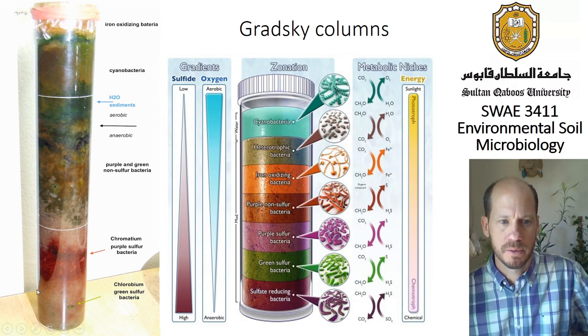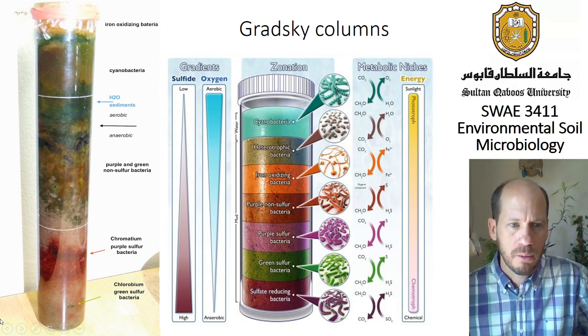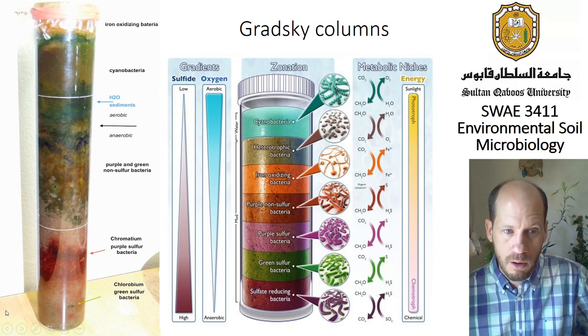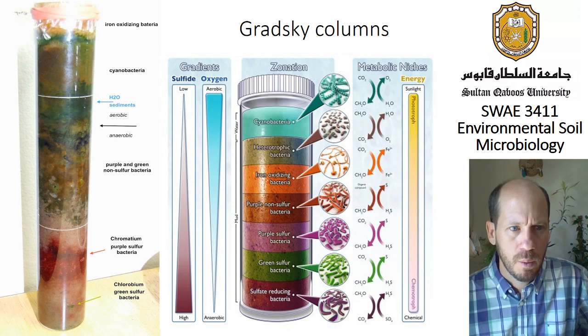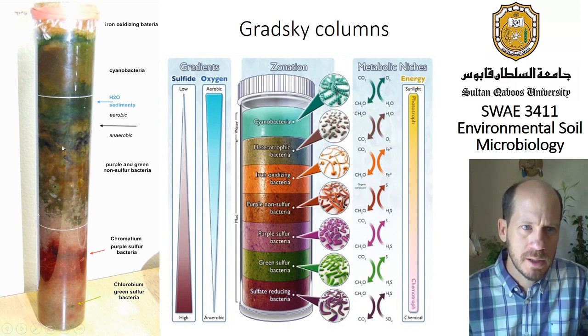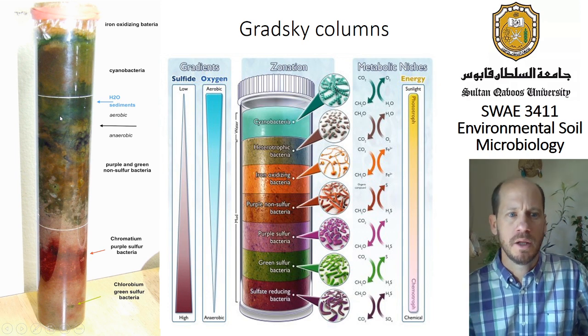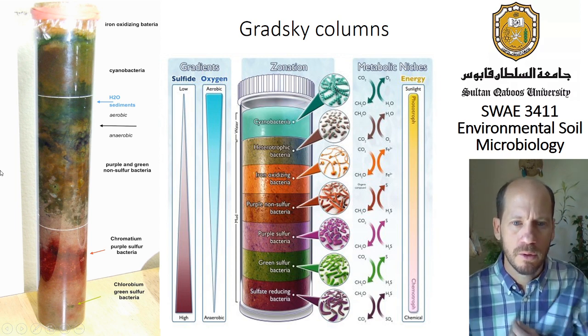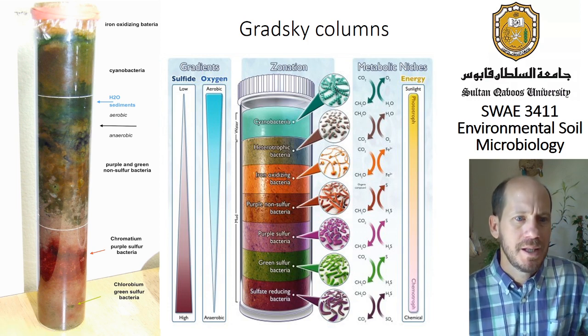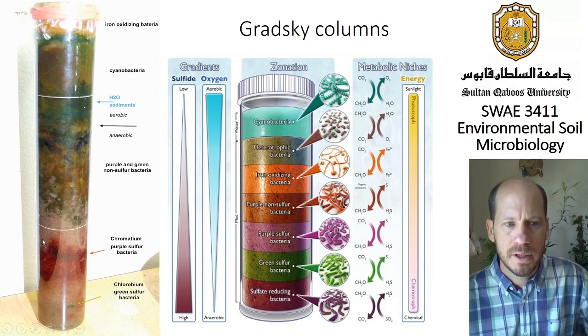So the Winogradsky columns are columns where you will normally have a source of sulfur and a source of organic carbon. You will also have in this system iron and carbonates. By filling this column with water, and normally you start this column with mud from some water system, because it contains the inocula that you need for the growth of these microbes, this mud column will start building up these different colored strata that you find here.